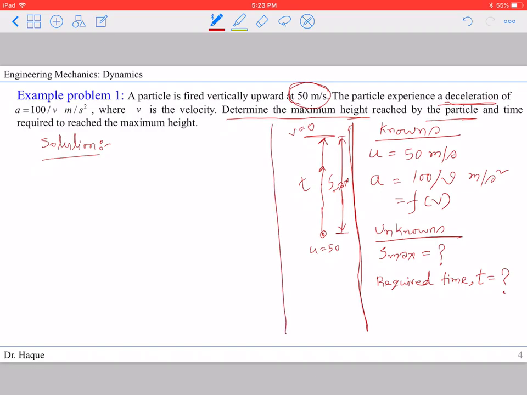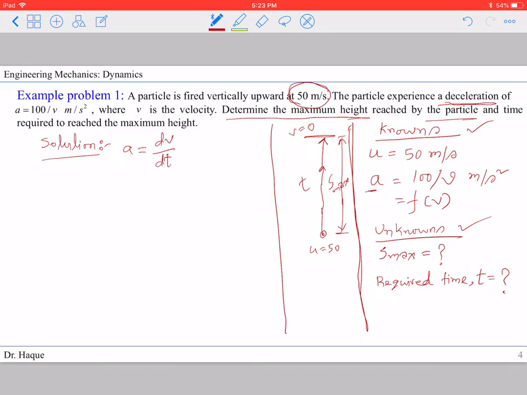Now, at the beginning of the solution, we need to think, how can I connect my knowns with unknowns? So I have acceleration given, and I'm looking for time and displacement. One way to start is that I know the definition of acceleration is dv over dt, and I know that a is given as a function of velocity, so I can start with this one.